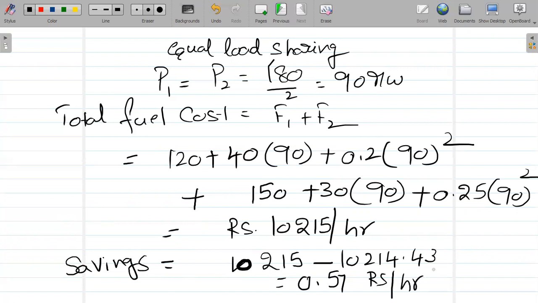This is per hour only. Suppose annual, what are the annual savings? Then you have to multiply with 3,600. So in the next video, I will discuss the economic operating schedule considering losses.